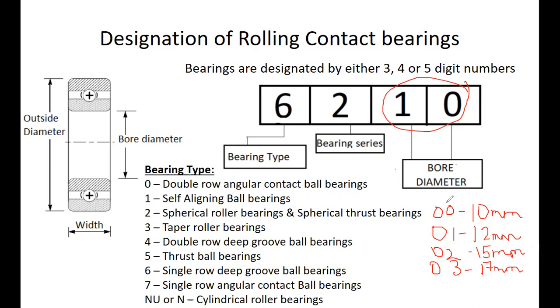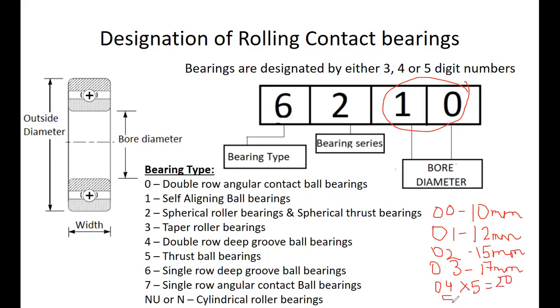Then the question should arise in your mind: right now it is 10 mm, then what should we do? Then guys, from 4 onwards, wherever you go, 5, 6, 7, 8, 9, 10, the bore diameter is 5 times the number. That means you have to multiply this number by 5. So 4 5s are 20.